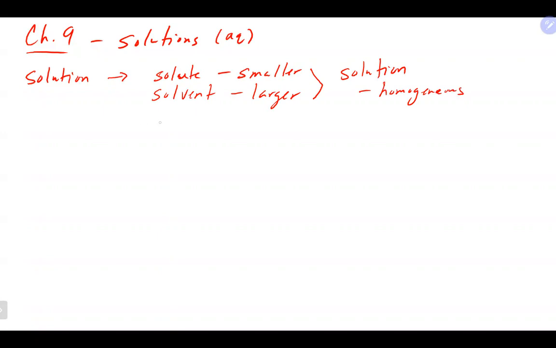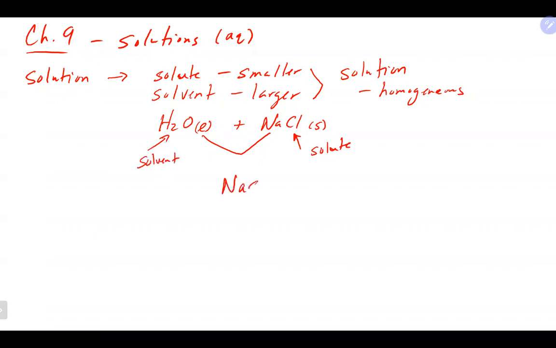For example, if you took water, which is a pure liquid, and you took some sodium chloride, which is a solid, you mix these together here. The sodium chloride is our solute. It will dissolve in our larger part, which is our solvent. And that would get us a sodium chloride solution that would get the aqueous symbol next to it.